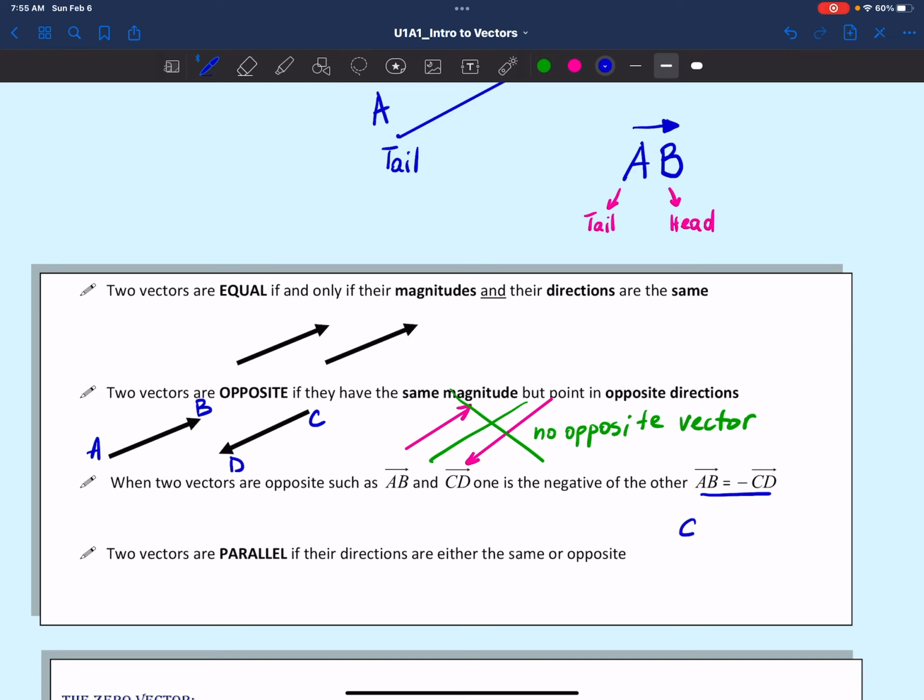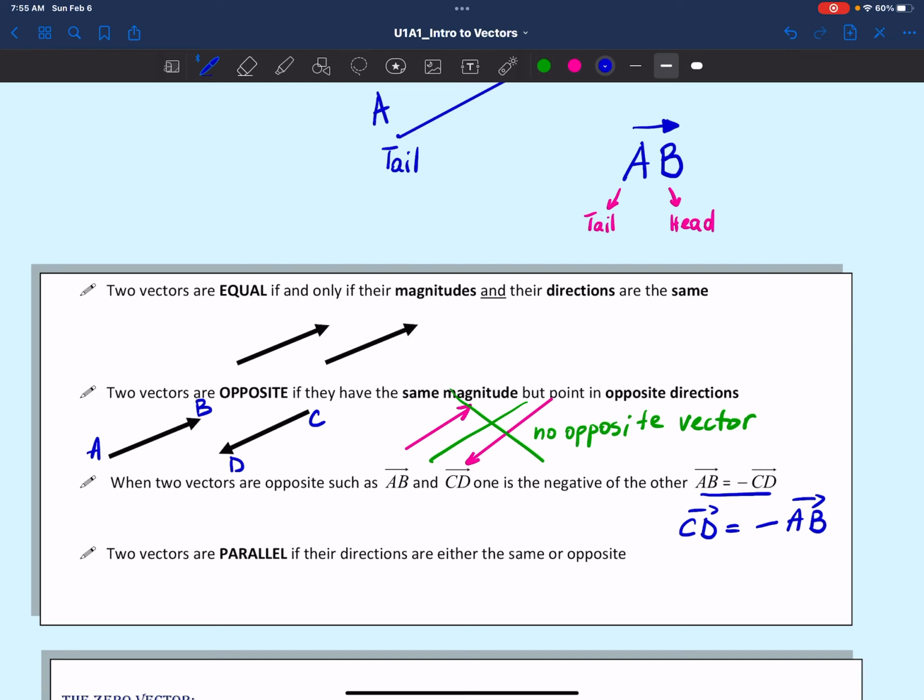Similar to this, we can also say that vector CD is the opposite of vector AB. So if you are reading a problem and the problem says that you're given two opposite vectors, you would immediately know that these two vectors must have the same magnitude, okay?